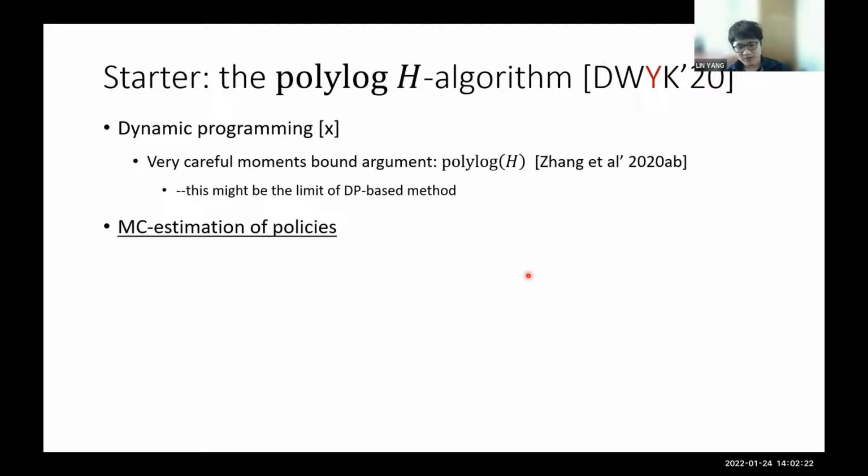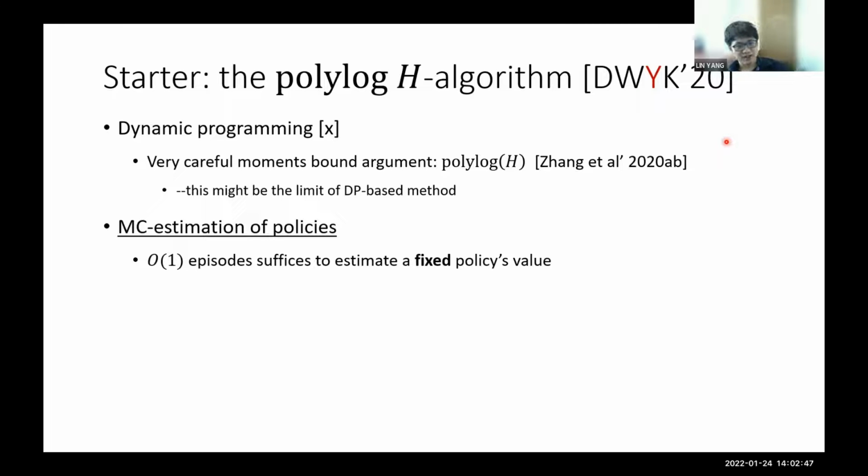Of course, I want to tell you how we get this. In fact, we are using a very simple idea that is based on Monte Carlo estimation of policies. So let's now suppose we're not considering the optimization problem of finding the best policy. We only want to find the value of a given policy. How are we going to do that? In fact, it's easy, right? You just play this policy to collect trajectories, collect a bunch of them, and then take an average.